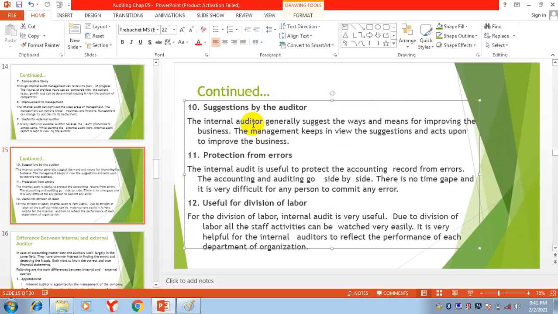If there are some weaknesses in the company, he will give his advice for improvement of the business. When the auditor pinpoints these weaknesses, the management will try to remove them and improve their business.